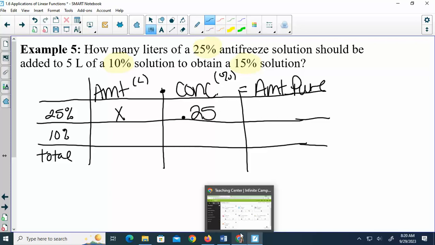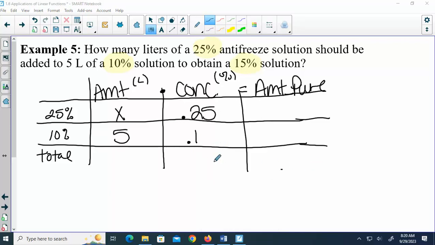So my amount, the concentration, to obtain a 15%. So if I want a 15, my total concentration here is 0.15, what would my amount be?